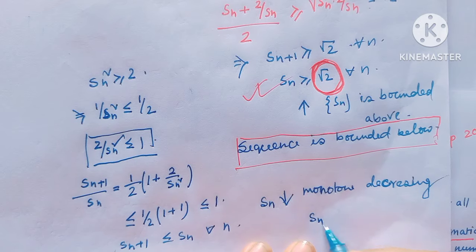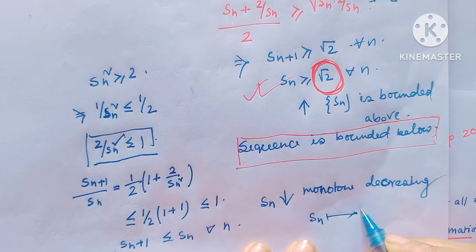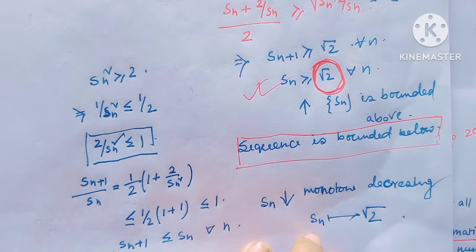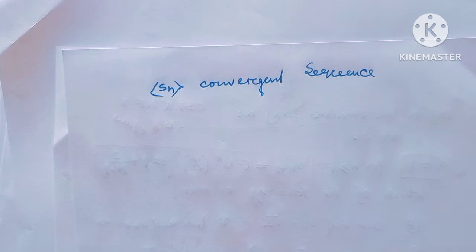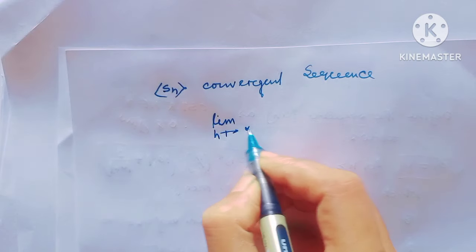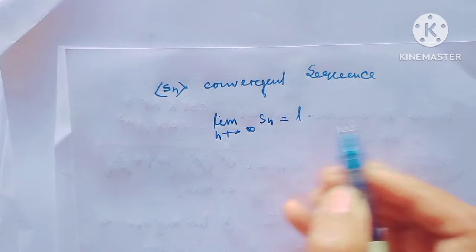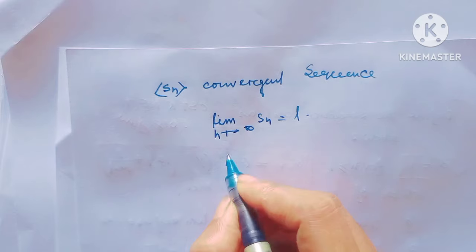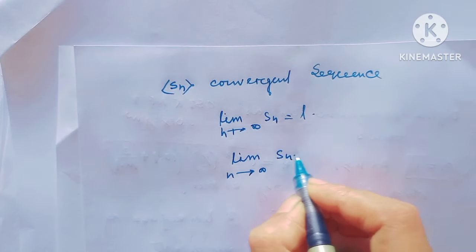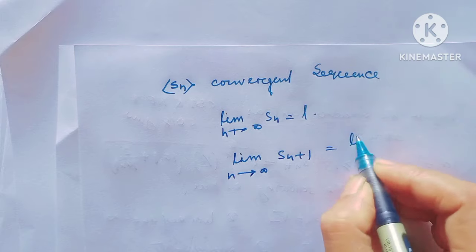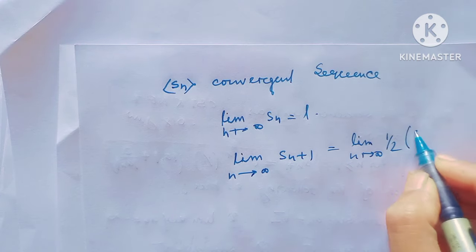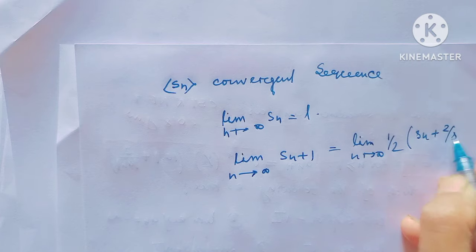So Sn obviously converges to the greatest lower bound square root of 2. Sequence Sn is a convergent sequence and limit as n tends to infinity of Sn equals L. Then limit of Sn plus 1 equals limit of half of Sn plus 2 over Sn.